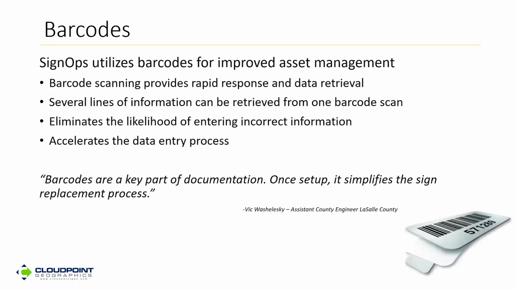One of the key aspects of the SignOps solution is barcodes. And I like to talk about barcodes as kind of being the backbone of the SignOps solution. So barcodes are utilized for SignOps for improved asset management.